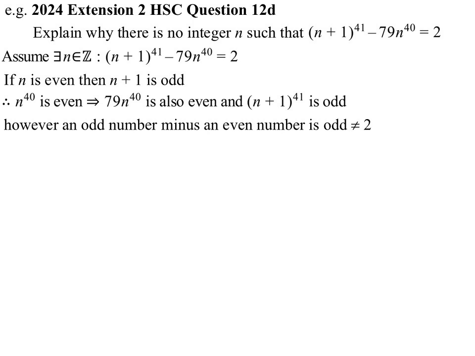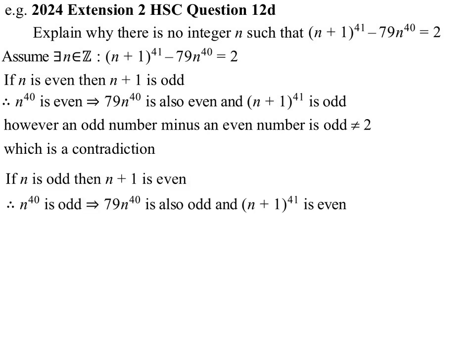We know that an odd number minus an even number must give us an odd number, so it can't equal 2. So I now have a contradiction. I assumed that it is equal to 2, but I've now shown that it can't equal 2. There's a contradiction. But that's just for even numbers.